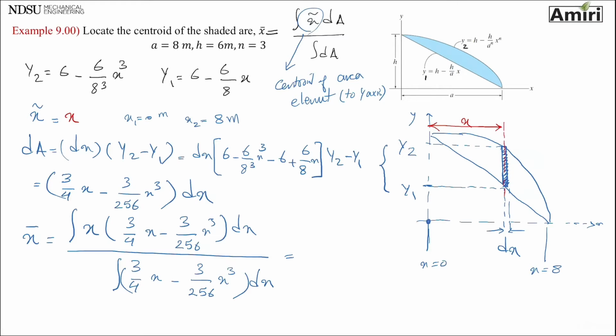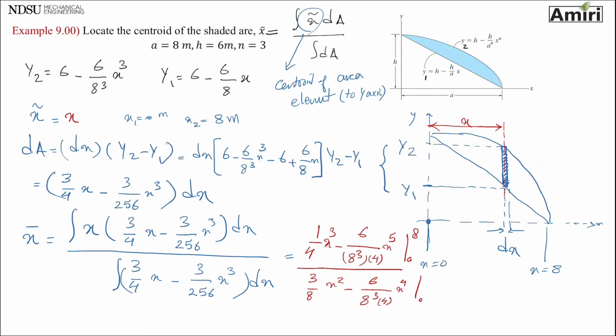This is going to be the result of this. Should I do one more step for you guys? Let's do one more step. It's going to be 1 over 4 x^3, 6 over 4 cubed x^5, over 3 over 8 x^2 minus 6 over 4 x^4, and that's going to be 0 to 8.